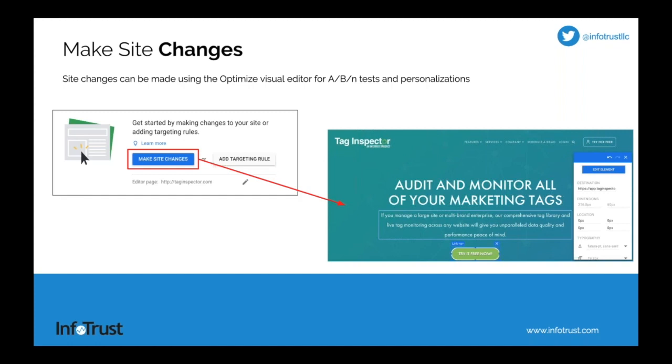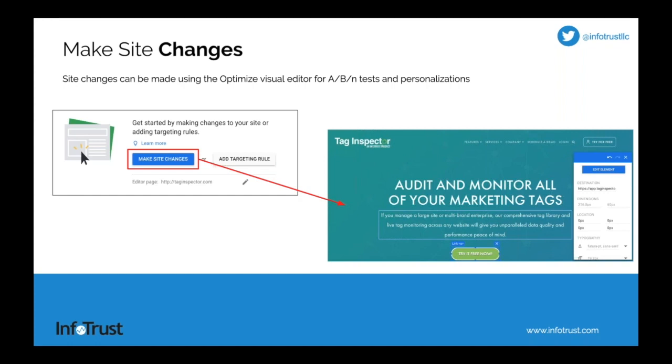Like I said before, if you choose to make your edits from within the Google Optimize interface, you can do that in the visual editor. The visual editor does require that plugin that I mentioned previously for Google Chrome in order to be able to make these site changes. So no matter which experience you are implementing, whether it be an experiment or a personalization, you have the option to make these types of changes.